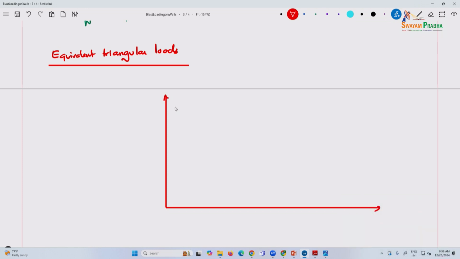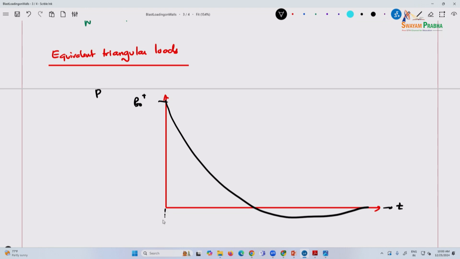If you see, the curve would look something like this. Let's say this is PSO and this is the time. So we also have PSO plus, and here we have PSO minus. If you see, we are breaking this into equivalent triangular loads.